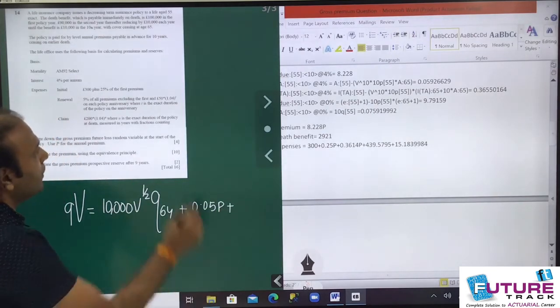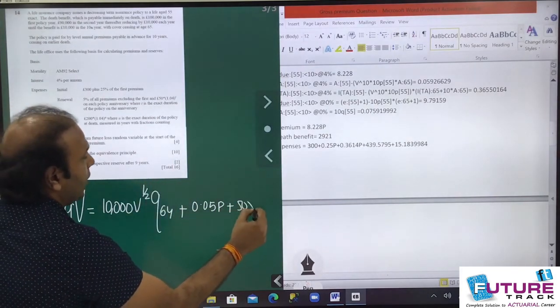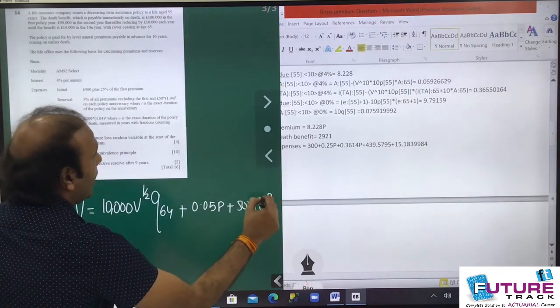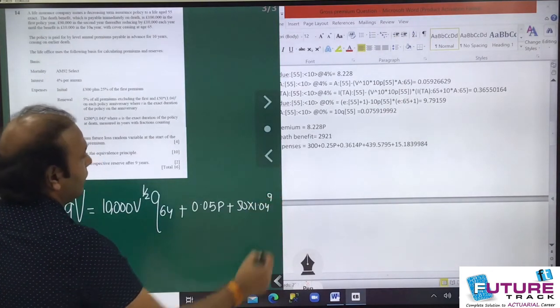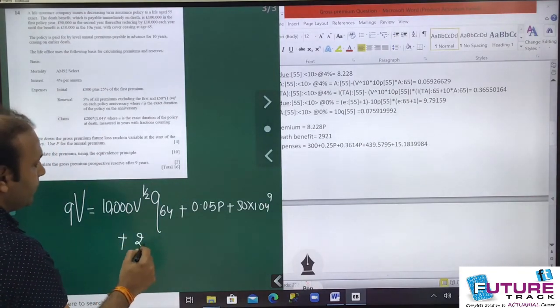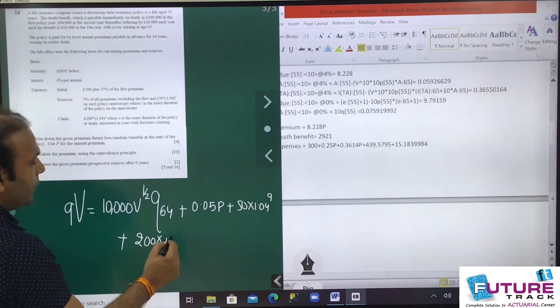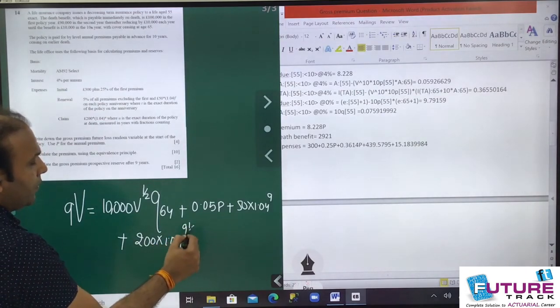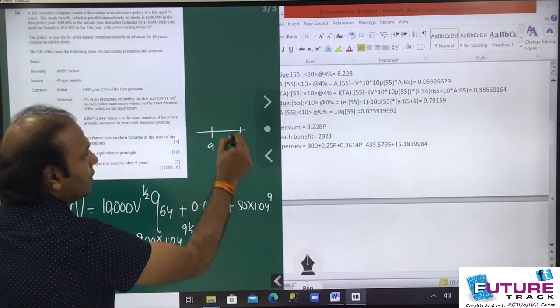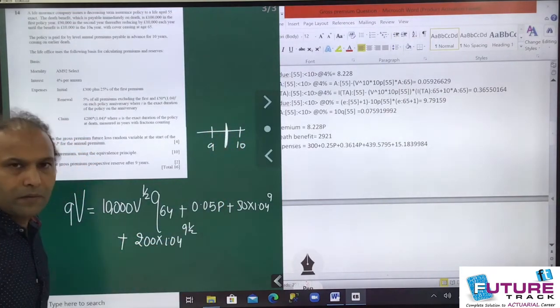plus 15 into 1.04 to the 9, plus 200 into 1.04 to the 9 and a half, because if the life dies in the 9th and 10th year, then till this part we will have an increase.